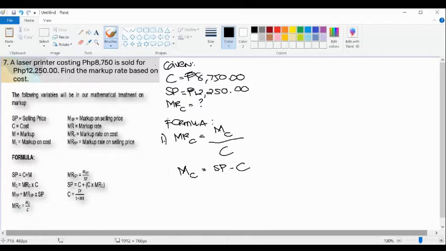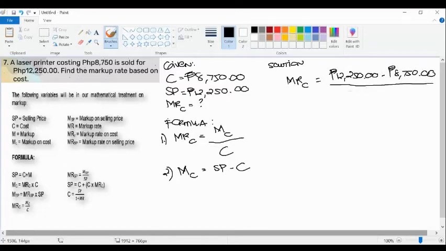And to find the markup on cost, that is selling price minus the cost. Okay, so we have two formulas that we're going to use. So our solution would be 12,250 pesos minus 8,750 pesos over 8,750 pesos. So 12,250 pesos minus 8,750 pesos will give us an answer of 3,500.